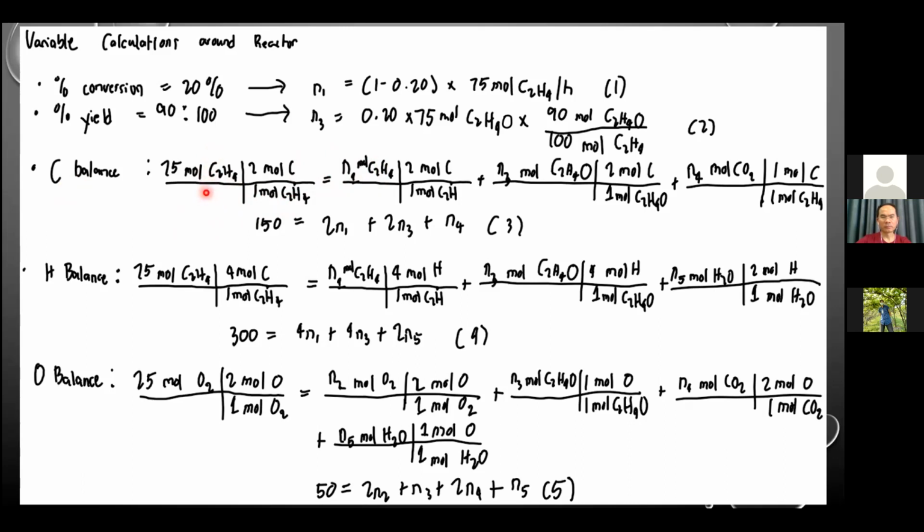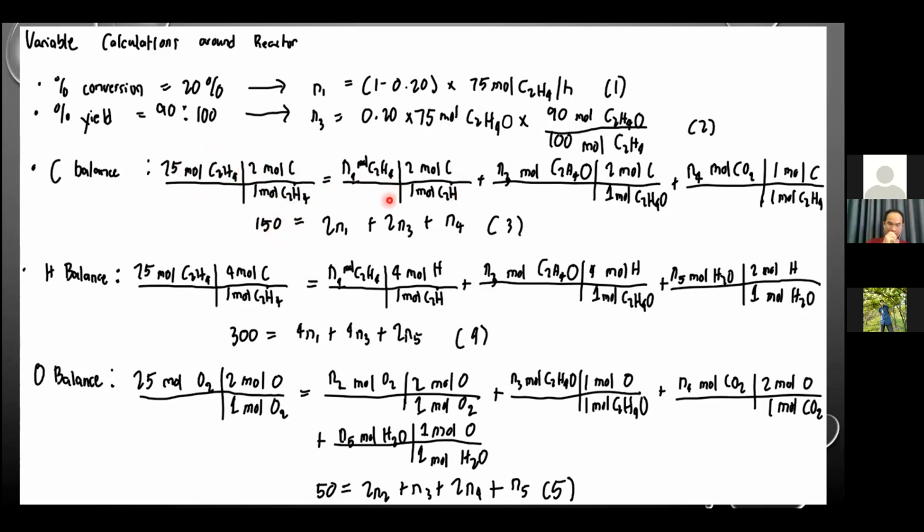So 75 moles of C2H4. As we know, in every 1 mole of C2H4 there are 2 moles of carbon. So we're going to multiply that, which will be the input.